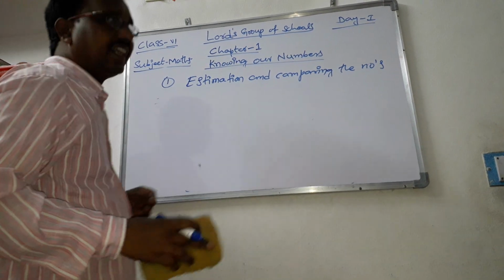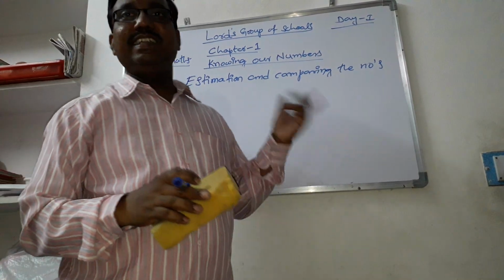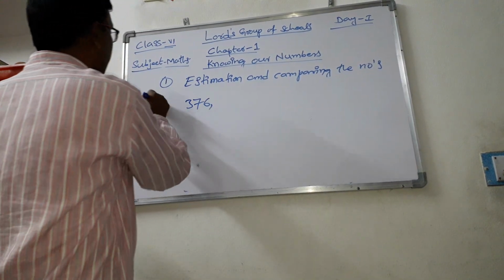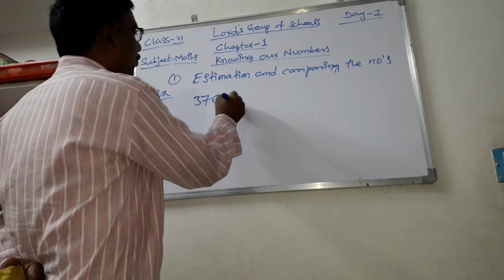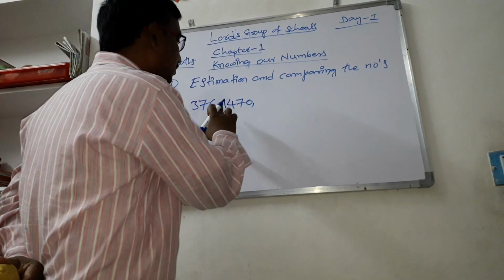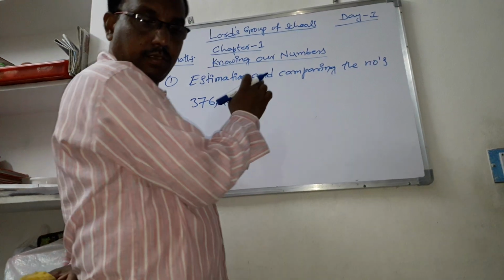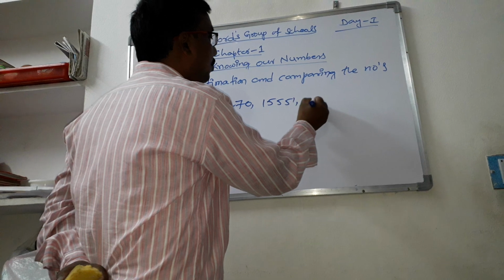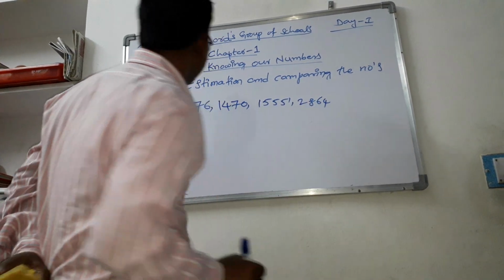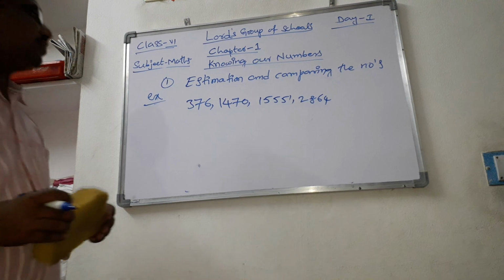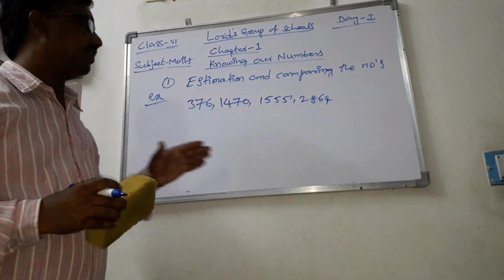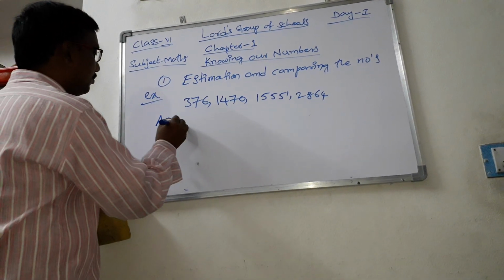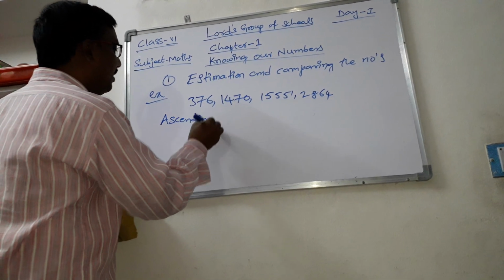And next, when some numbers are given, we can write them in ascending order or descending order. For example, 376, 1470, 15,551 and 2,864. Some numbers are given. From them we have to arrange them in ascending order, that is nothing but smallest to biggest.